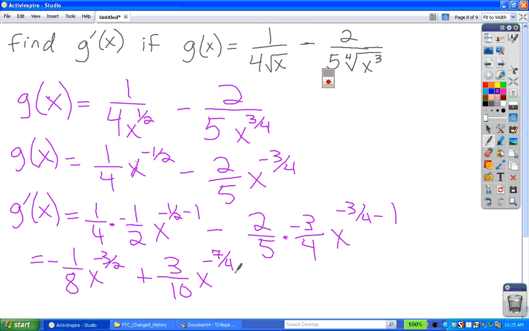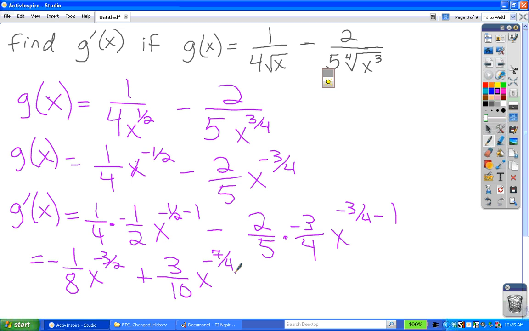And I want to write that with radical signs and everything with positive exponents. So I'm going to combine the two steps into one. I'm going to make those positive exponents by putting those two x terms back in the denominator. And then I'm going to convert them back into the radical signs by using the denominator as the index and the numerator as the power for x.